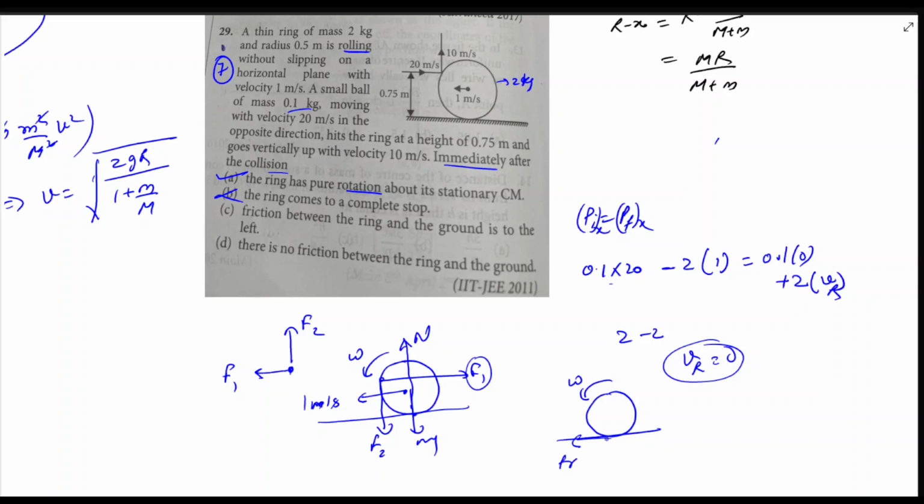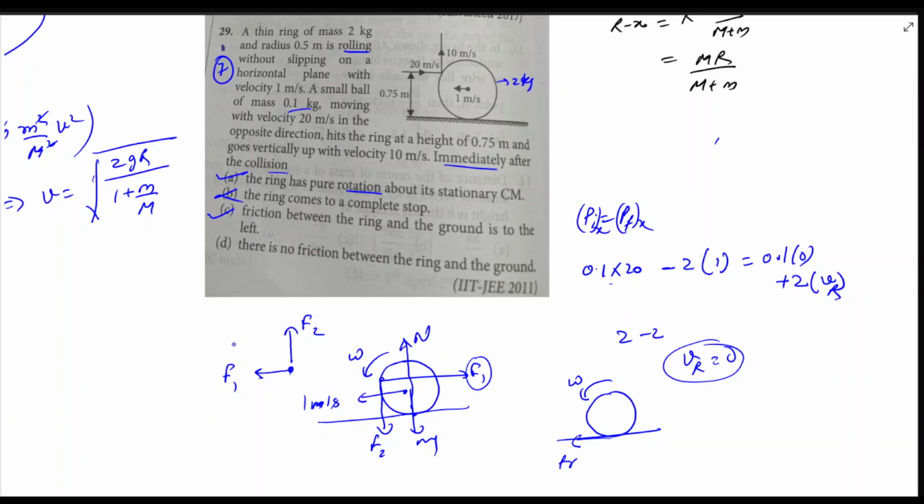So immediately after the collision, friction starts to act backward. And then what happens? It starts to move like this, and this is getting less and less, but that is after a certain time. But in the question, it is asking what will happen immediately after the collision. So immediately after the collision, friction starts to act in the backward direction, to the left. So C is also correct.